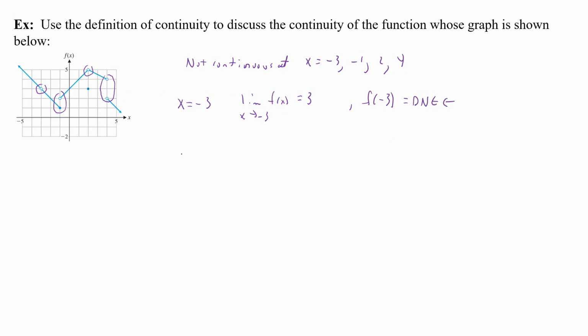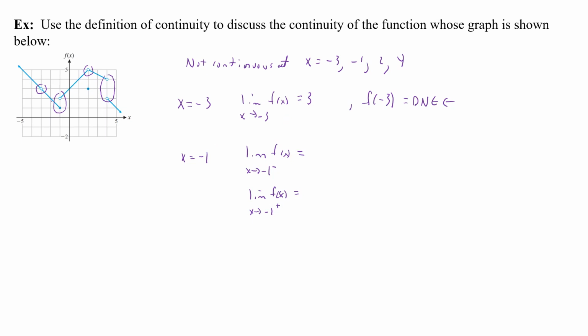What about at x equals -1? Again, the limit of f of x as x approaches -1 is equal to what? In this case, it's not going to be the same from both sides. So we have to go from the left, and also take the limit as x approaches -1 from the right, and it's going to be something different.